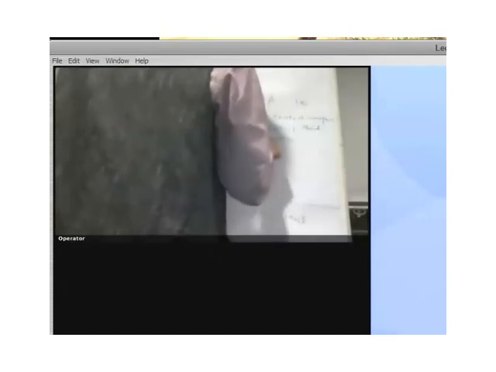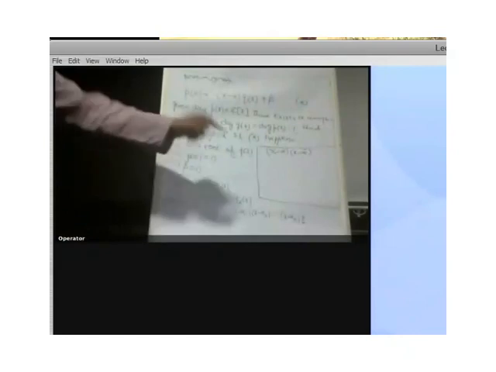So let's see. The roots look like this. If there is alpha, then there is this conjugate pair. What is the product of this?